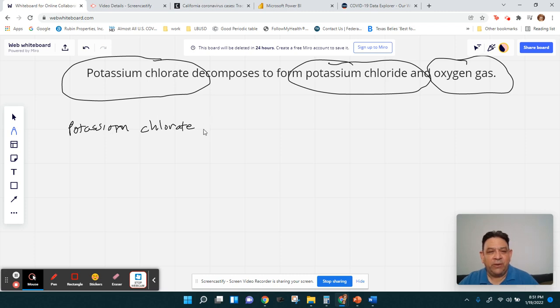And then I'm going to put, since it's the only reactant, I'm going to go ahead and put an arrow. And then after the arrow, I'm going to put the products. And there I have two products. I have potassium chloride.